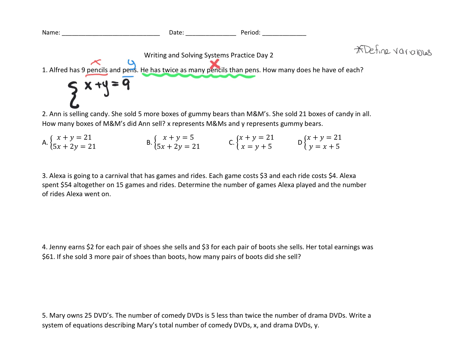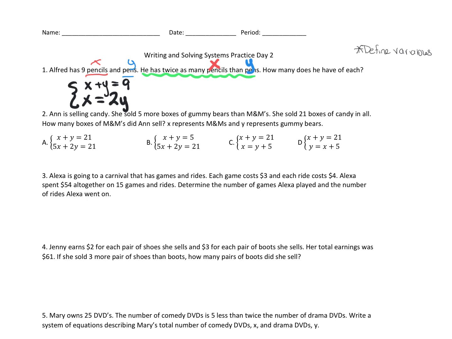So here's pencils and here's pens. He has more pencils, more of them. So if I want to write an equation, I'm going to write pencils is twice as many. So I have to take my Y and multiply by 2, because 2 times as many pens will get me my amount of pencils.